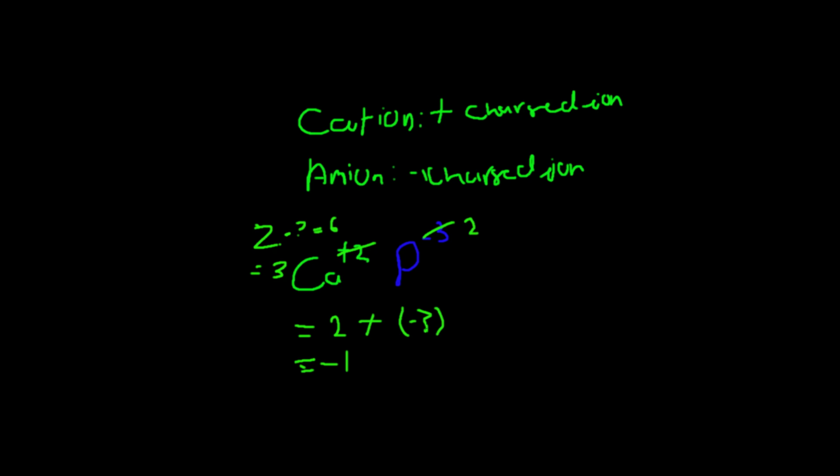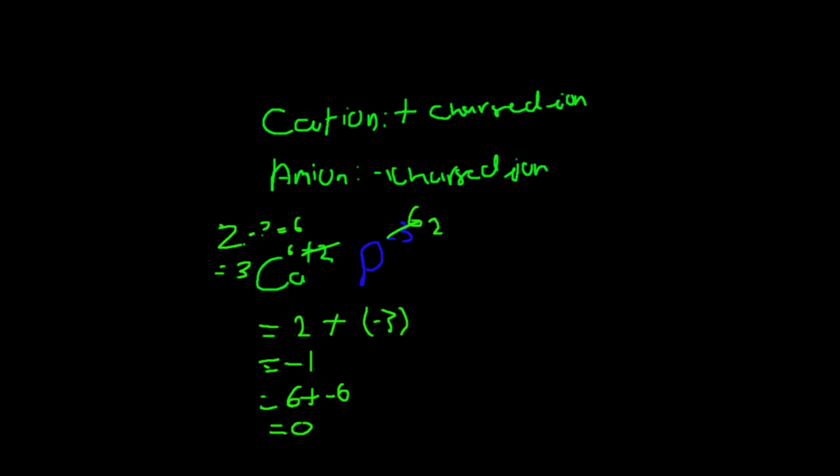Now let's do the math. We have 6 on each side, so we'd have 6 plus negative 6, and now the overall charge is 0. You can't just write Ca6 and P6. You have to write down what the multiplication was.